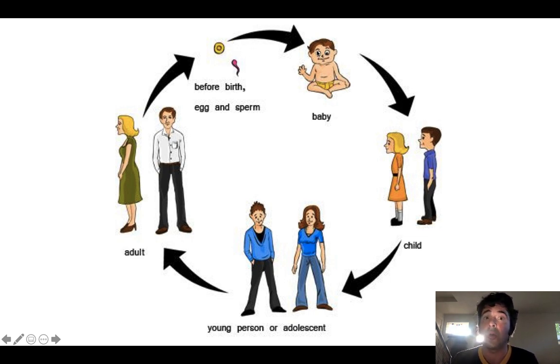That zygote undergoes many rounds of division called mitosis to form a baby. Babies grow. Those cells divide more and more to form children, grow into adolescents, grow into adults. These adults go out and serve some kind of function in society, right? Now, these adults are capable of producing sperm and egg, and the cycle begins again, but eventually these adults will die. So that's a very brief description of a human life cycle.